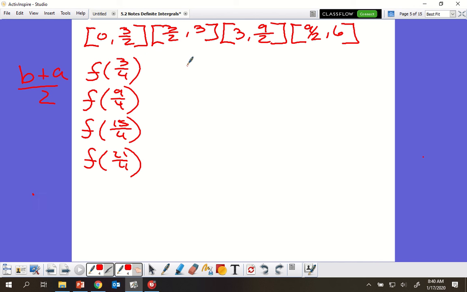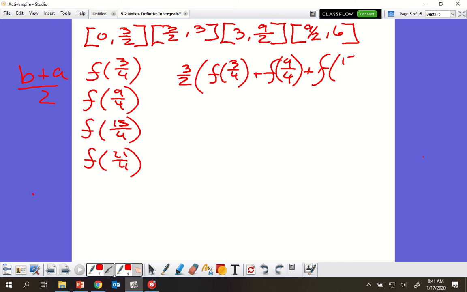It's going to be delta x, which is 3 over 2, times the quantity of f of 3 over 4 plus f of 9 over 4 plus f of 15 over 4 plus f of 21 over 4.